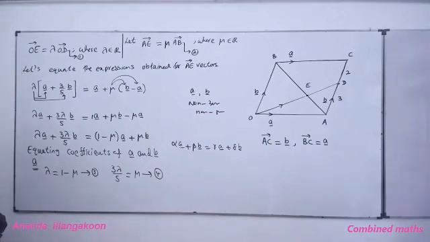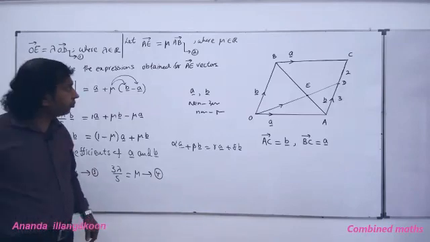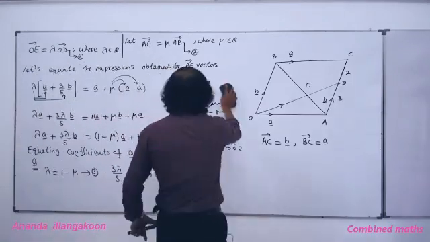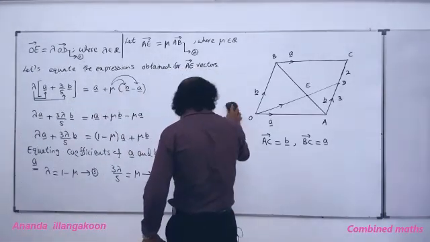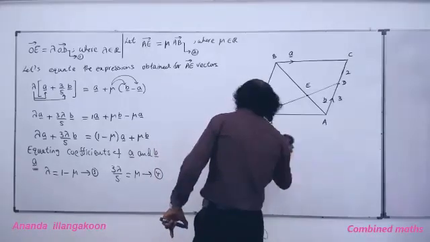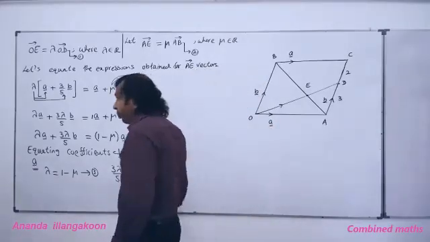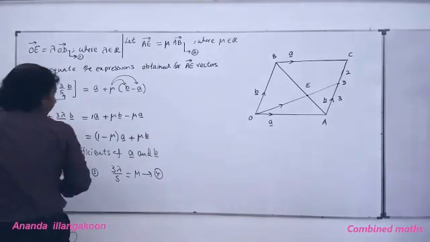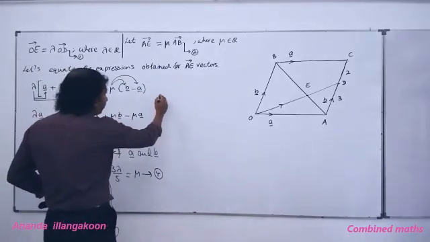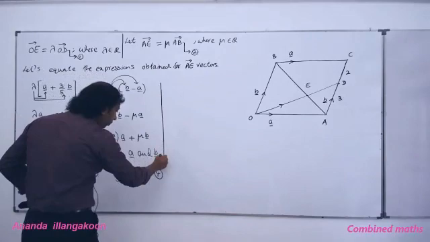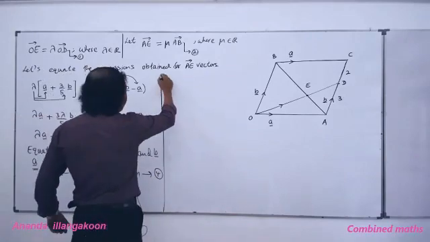The easiest way of getting the lambda and mu values in this case is to add equations 3 and 4.